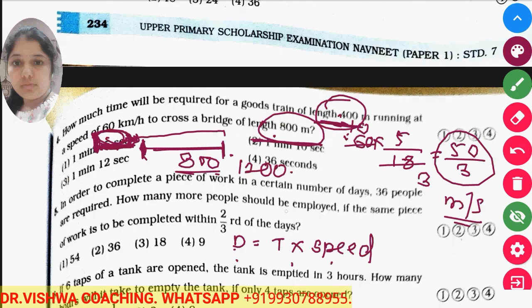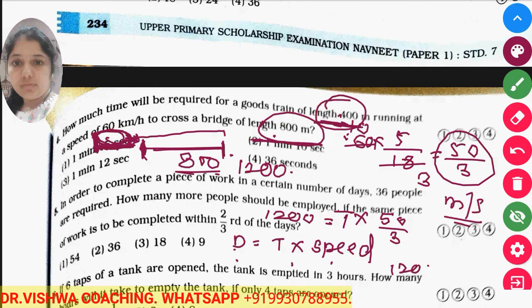Okay, now put all the values in the formula. 1200 is equal to time, which we have to find, into speed, which is 50 by 3 meter per second. So now this 50 upon 3 will come to this side.